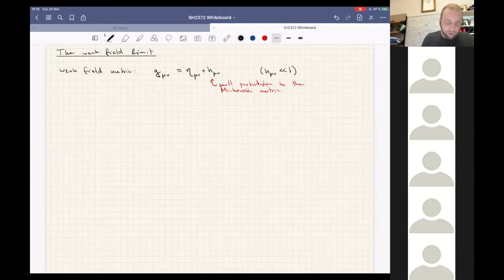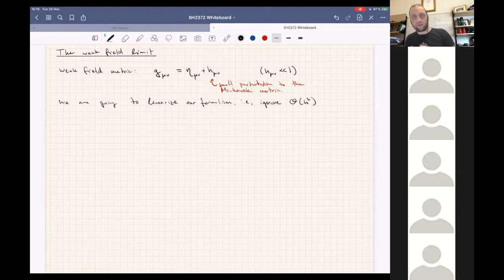So we are going to linearize the entire formalism. That is, we're going to ignore terms that are order h squared. So anything that contains an h squared or higher, we are going to throw away.